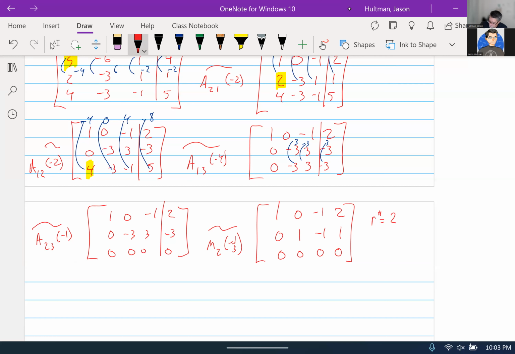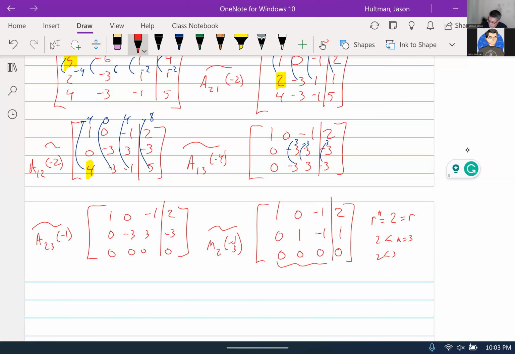If we did this process and just took the coefficient matrix, we would end up with this 3x3 matrix, but it would still have a complete row of zeros. And so R pound is also equal to R, which is equal to 2. And so this is consistent yet dependent because this 2 is less than my n, which was 3. And so 2 is less than 3.